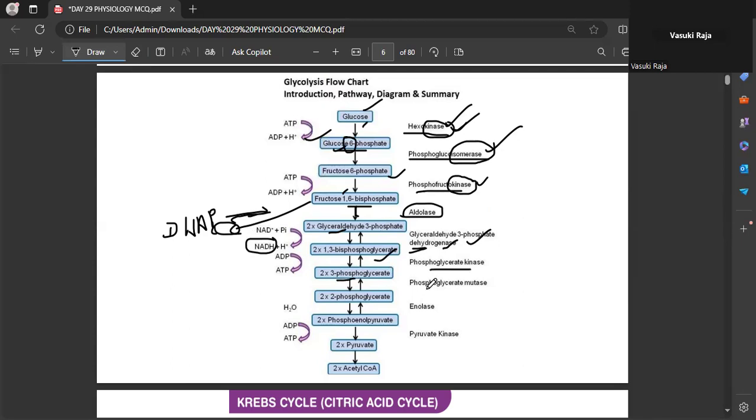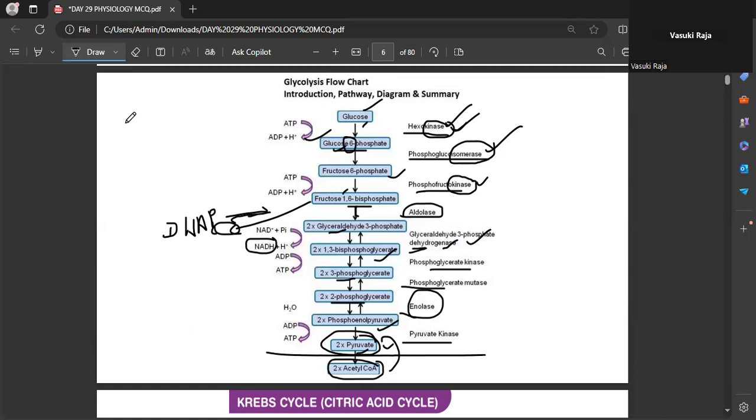As a result, 3-phosphoglycerate will be formed. Now, phosphoglycerate mutase converts that into 2-phosphoglycerate, and after that, with the help of the enzyme enolase, it will be converted into phosphoenolpyruvate, and with the enzyme pyruvate kinase, it will be converted into pyruvate. And this pyruvate is then converted into acetyl-CoA. This reaction is called pyruvate decarboxylation. This is the process of glycolysis.